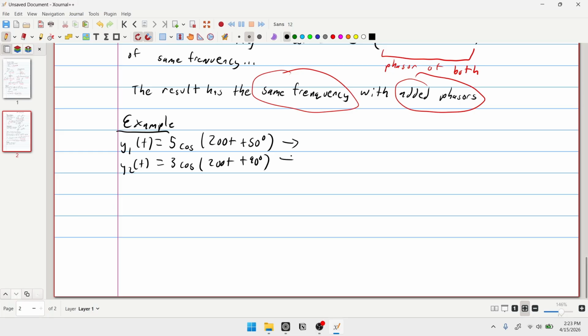If you bring these phasors out, we have a phasor of 5e^(j50°) and 3e^(j90°). If we add them, we get a rectangular form of 3.2394 plus 6.83022j, something along those lines.